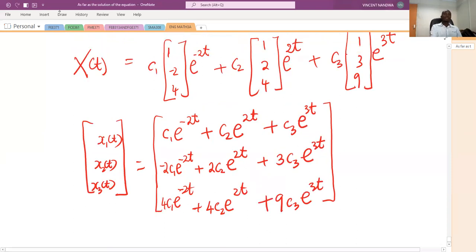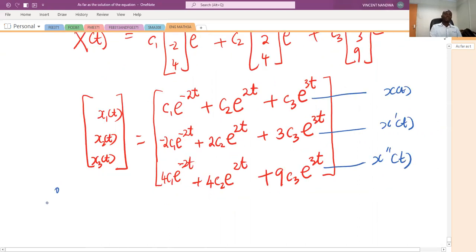Please note that this arrangement, the first row represents the function x of t, the second row represents the derivative of x of t, and the third row represents the second derivative of x of t.